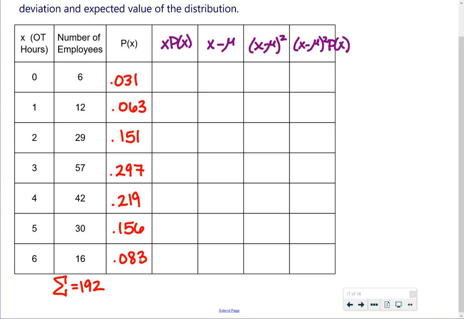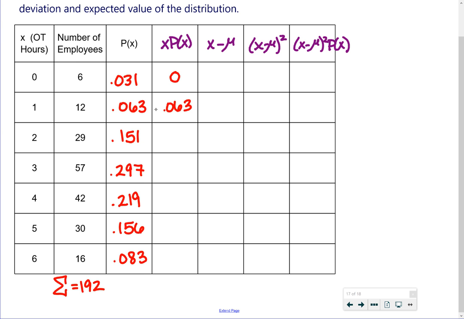All right, so now we're going to take each of our X's and multiply it by our probabilities. So 0 times anything is 0. 1 times 0.063, 0.063.